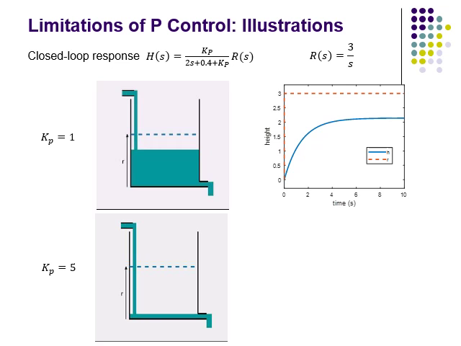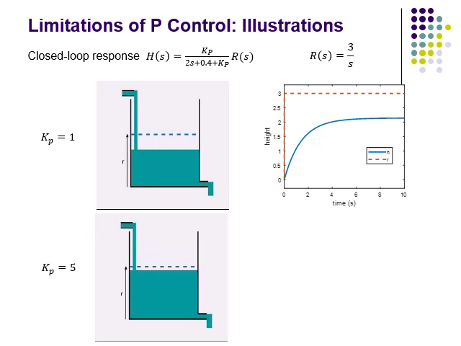So if we look at the same situation again, but with the controller gain now increased, so now Kp is equal to 5, we get a similar behavior.